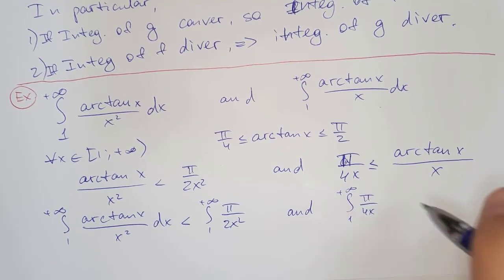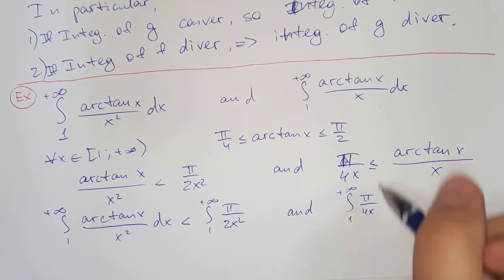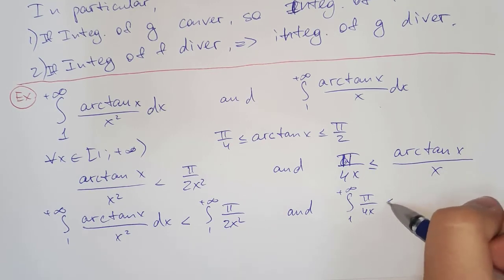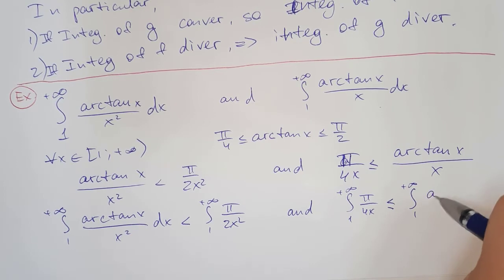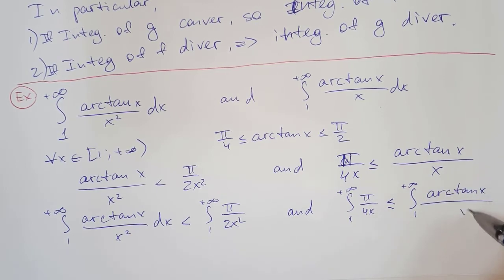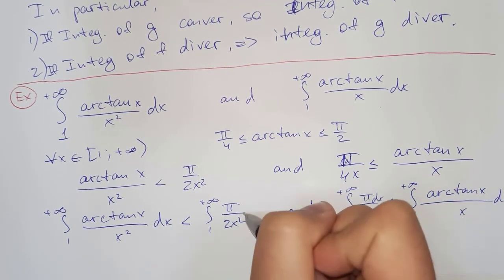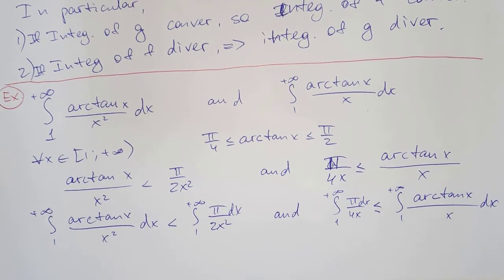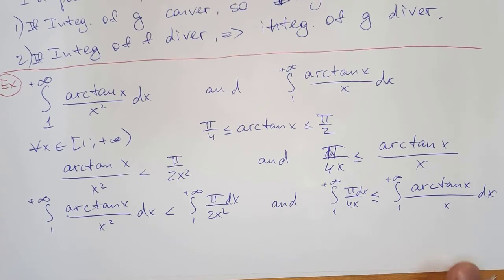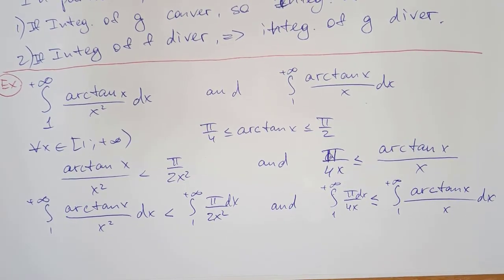We need to compare these two functions using this comparison test. Of course, here we have the x, here also we have the x. So now look at these expressions.